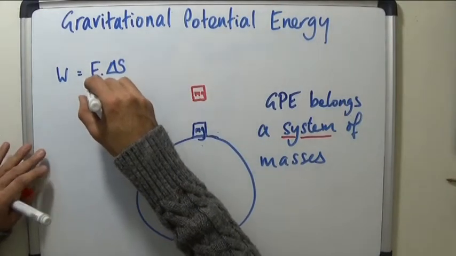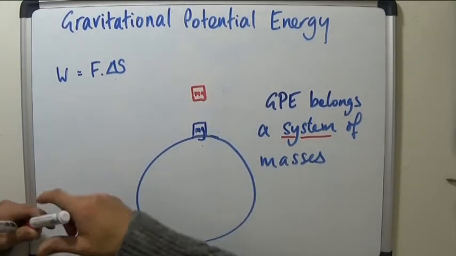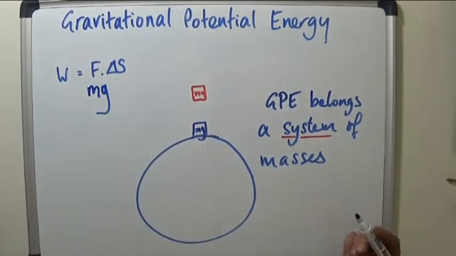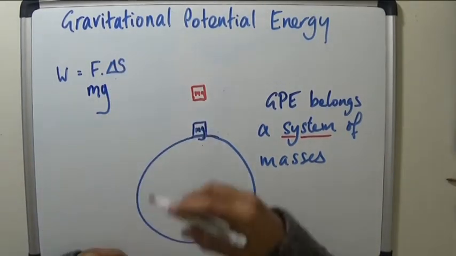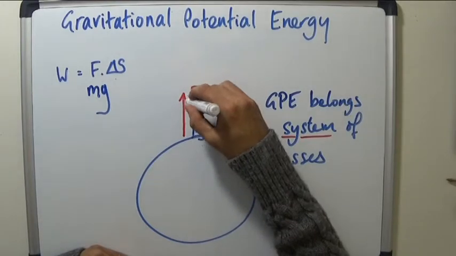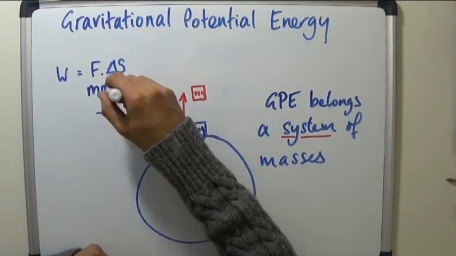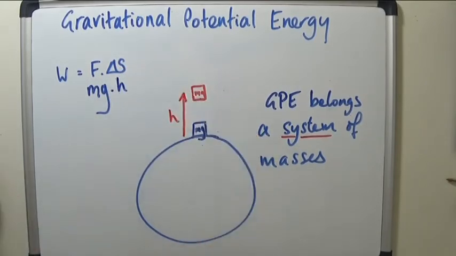The force to overcome gravity and lift it up to this height h would be given by mg. And the distance that I would travel, instead of writing delta s, we would call this displacement the height. So it's simply the force times displacement in the direction of the force.